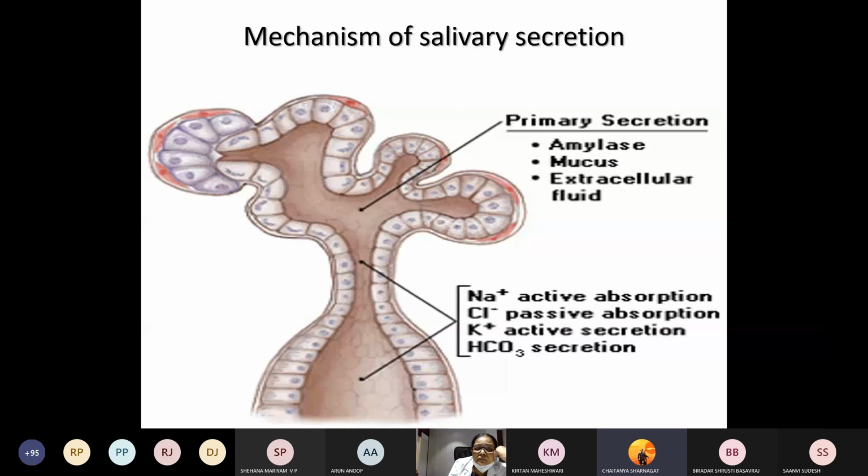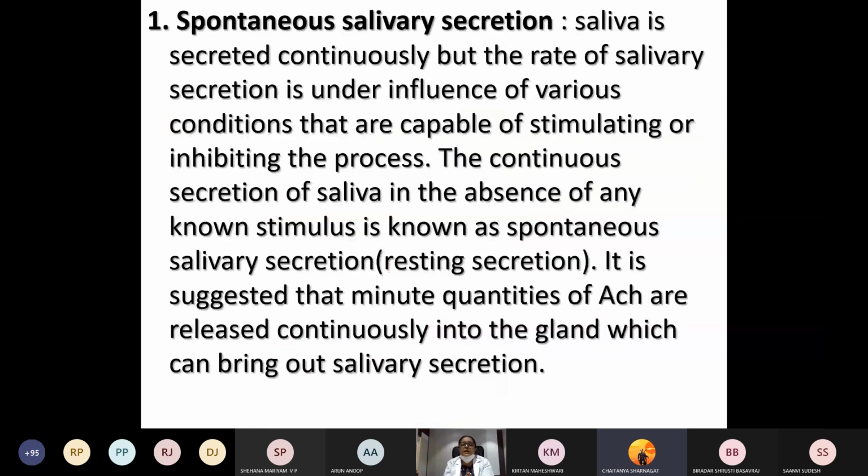Spontaneous salivary secretion. Saliva is secreted continuously, but the rate of salivary secretion is under the influence of various conditions that are capable of stimulating or inhibiting the process.